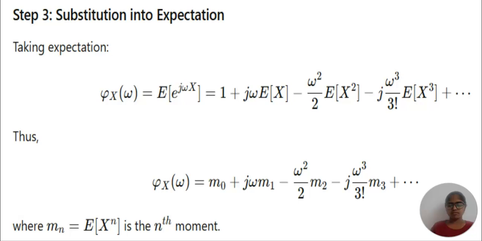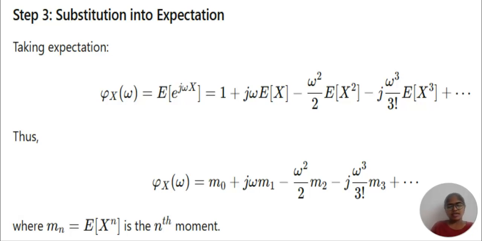E of j omega x equal to j omega into E of x plus j square omega square by 2 into E of x square plus j cube omega cube by 6 E of x cube and so on.